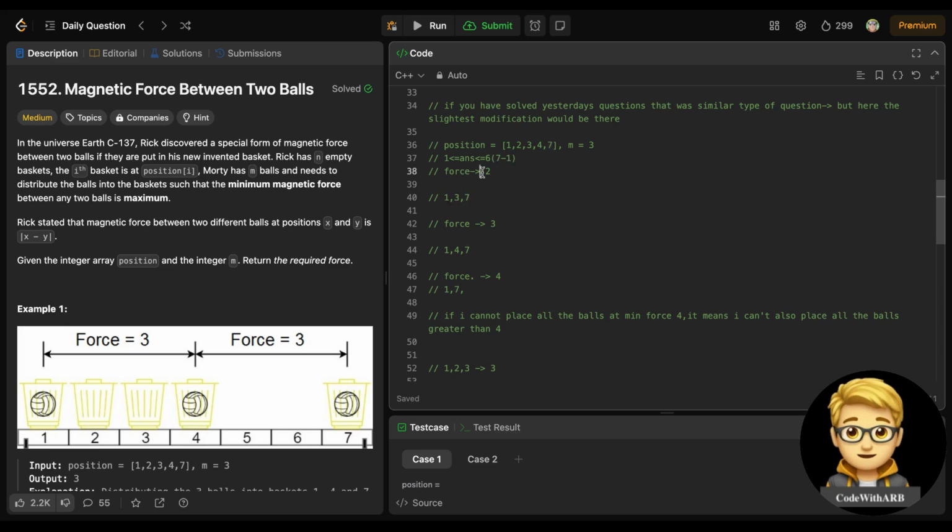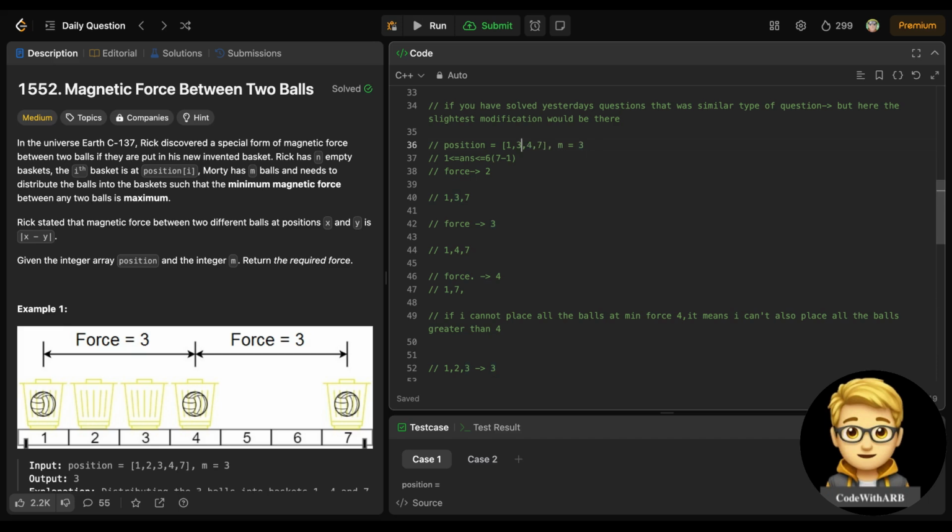Because if I check for a specific force, when I do position 1 plus 2, which is 3, if I don't sort it, how will I know the next specific position is our required position after this, right? So we definitely need to sort it to understand that.